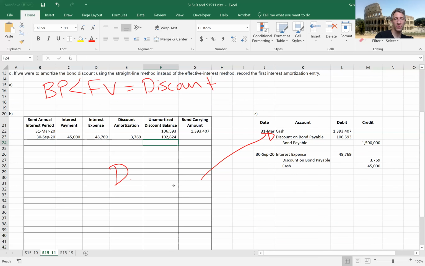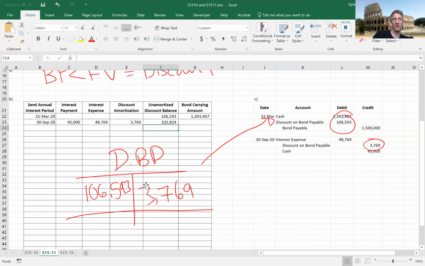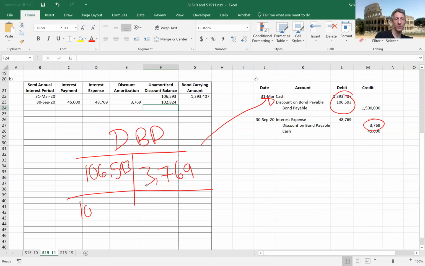If I were to look at this in a T account, it originally had a debit balance of 106,593. Then we just credited it by 3,769. So after that credit, it's going to have a debit balance of 102,824, and this is the amount that we still need to amortize over the bond term.